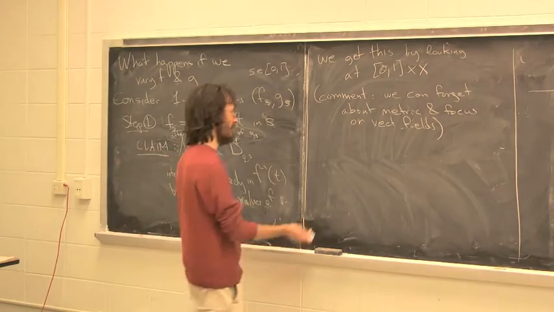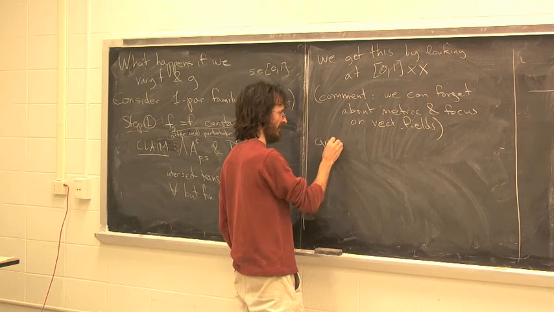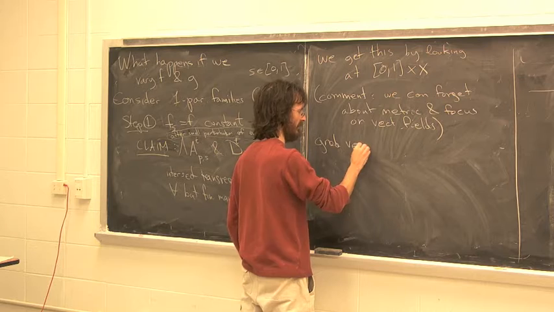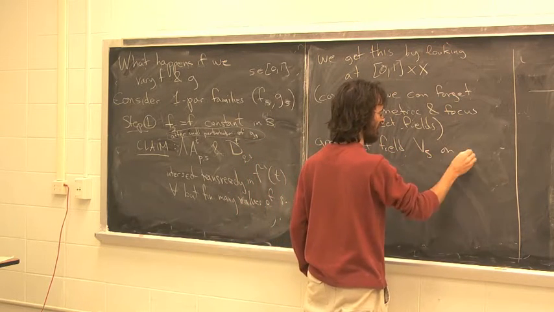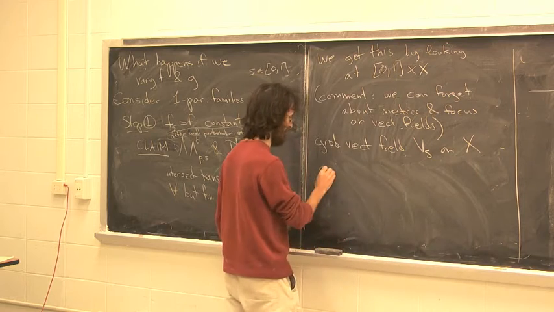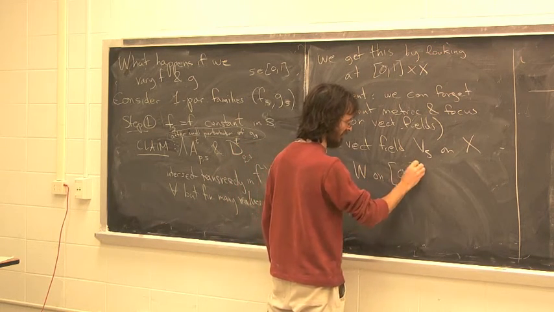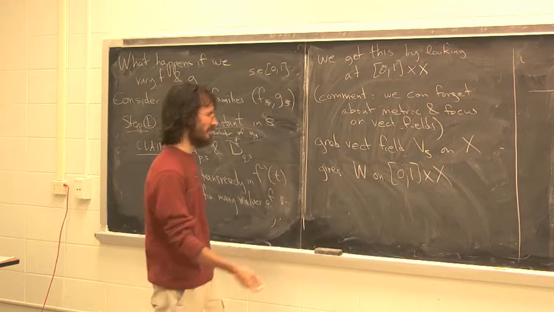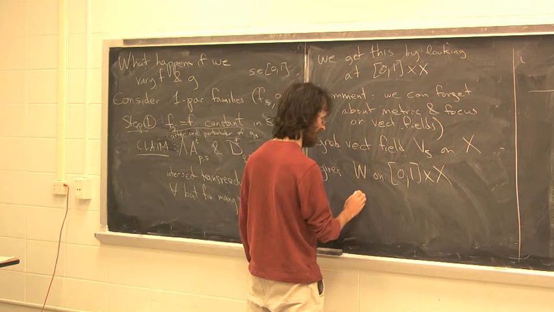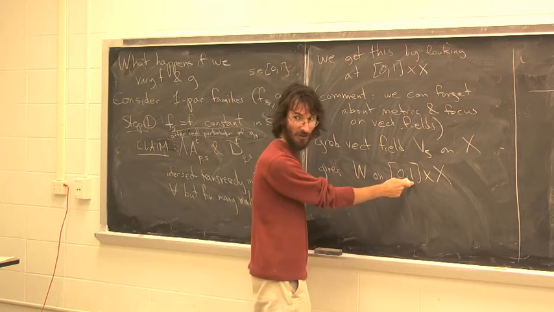So then the point is, you get a vector field, the gradient vector field d sub s on X gives some vector field w on 0, 1 cross X, which is just equal to, the point is you can have no 0, 1 direction.